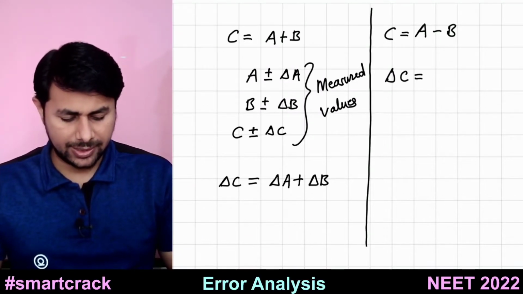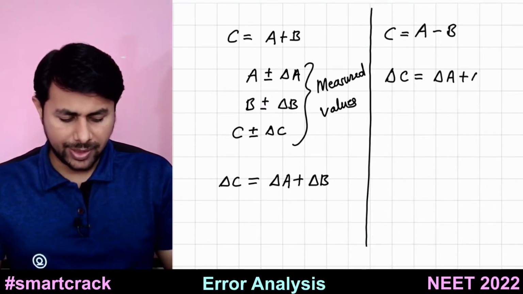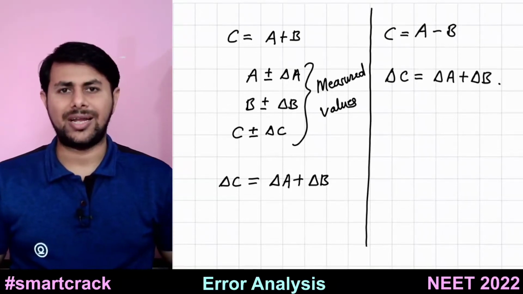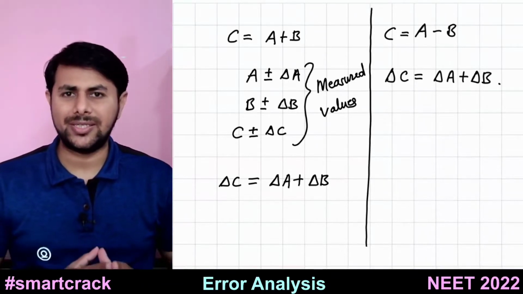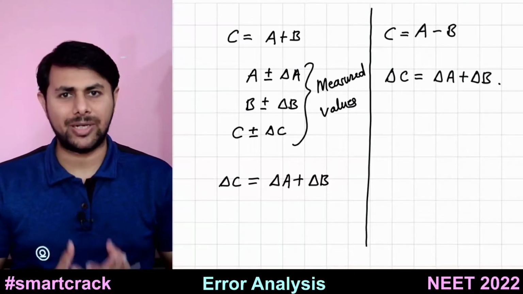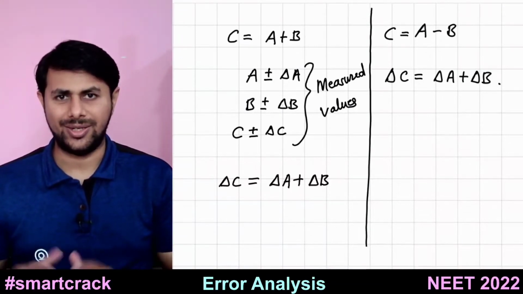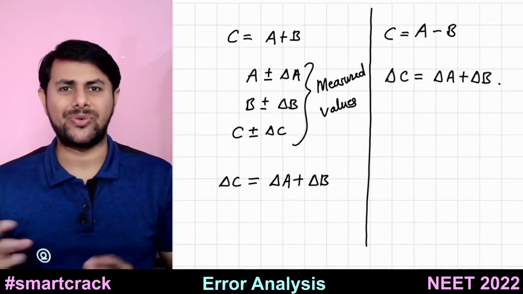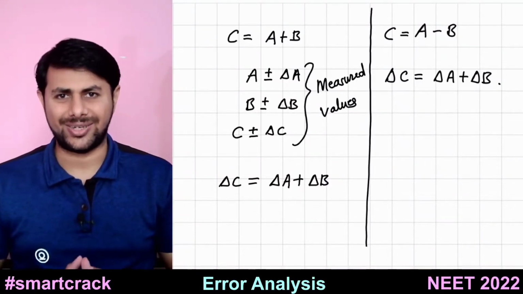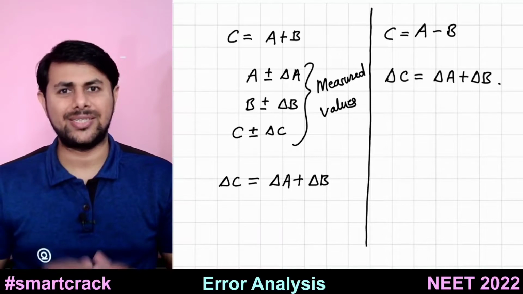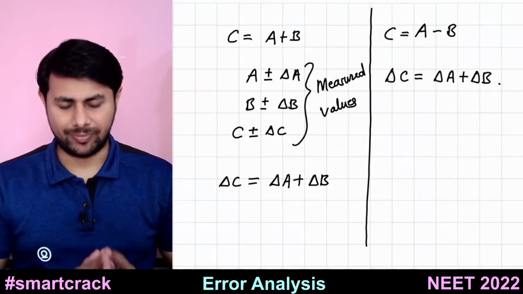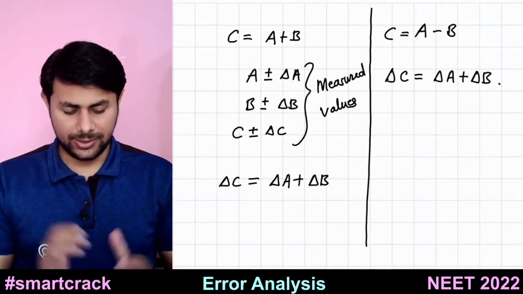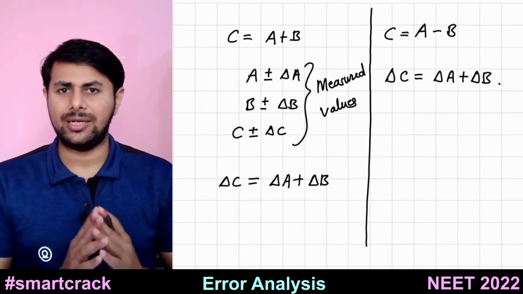So delta C is equal to delta A plus delta B, and this is because we are interested in finding out the maximum possible error in the resultant. So we don't do delta A minus delta B. What we do is we add the errors. We are interested in the maximum possible error.